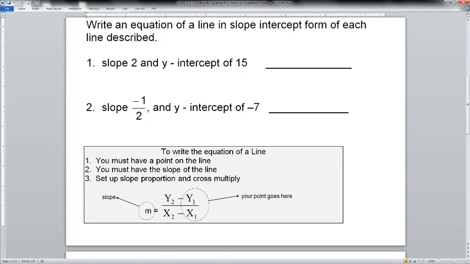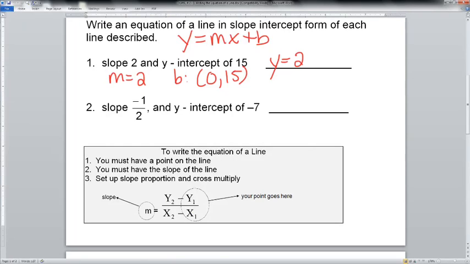Alright, now we're going to write the equation of a line in slope-intercept form of each line described. Well, again, we have our y equals mx plus b. And so we have our slope, which is 2, our y-intercept, which is 0, comma, 15. And so we can just go ahead and put it in that form. y is equal to 2x plus 15.